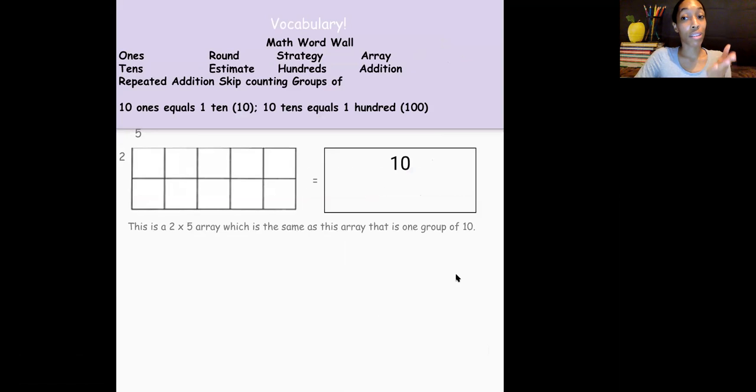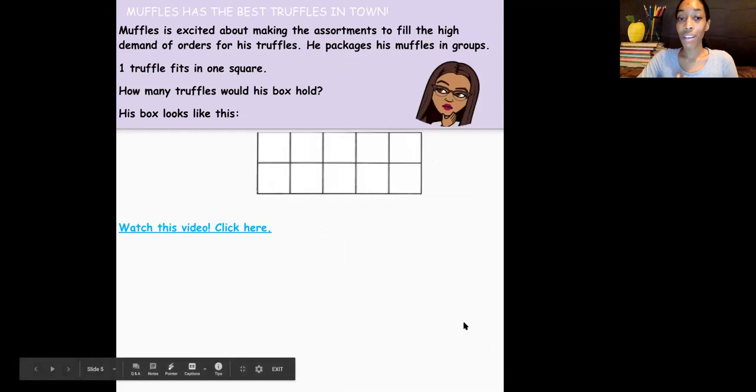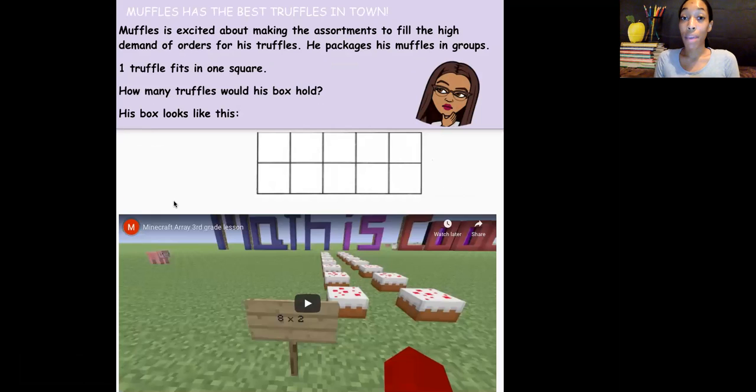Once again, here are some keywords and key pictures that you'll need to be familiar with. Muffles is excited about making assortments to fill the high demand of orders for his truffles. He packages his truffles in groups. One truffle fits in one square.